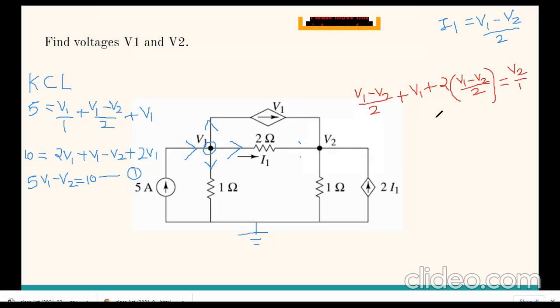Now again, we will take the LCM for all the terms. If we take the LCM, we have V1 minus V2 plus 2V1 plus 2V1.